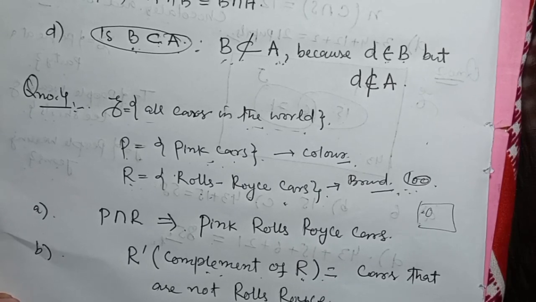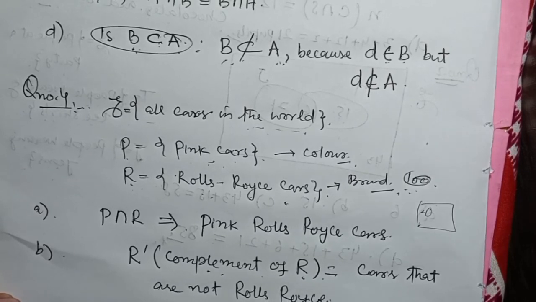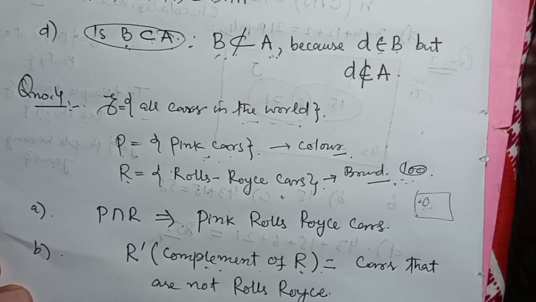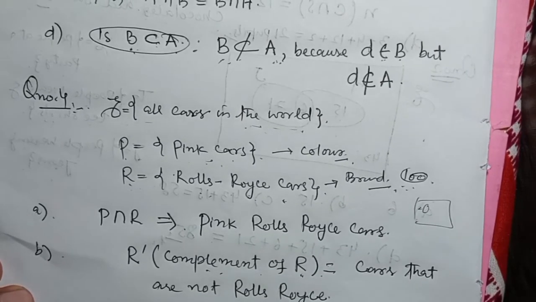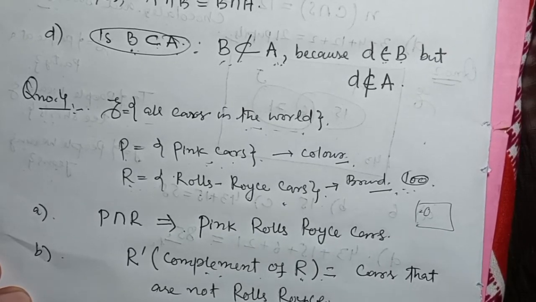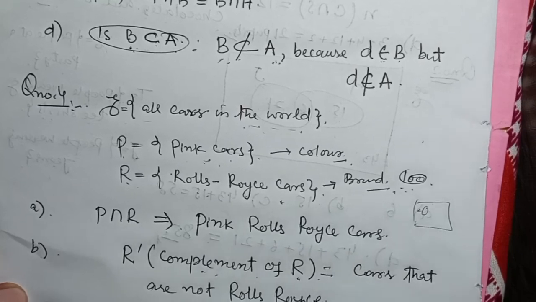Phi means null set. There is no pink Rolls Royce car. This means simply there are no pink Rolls Royce cars.